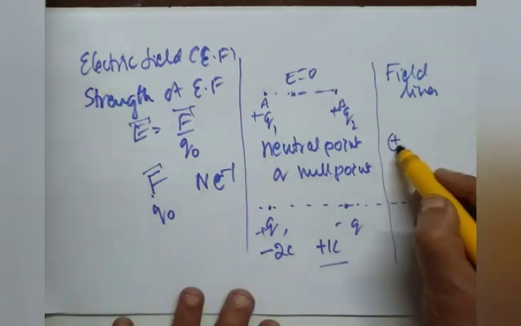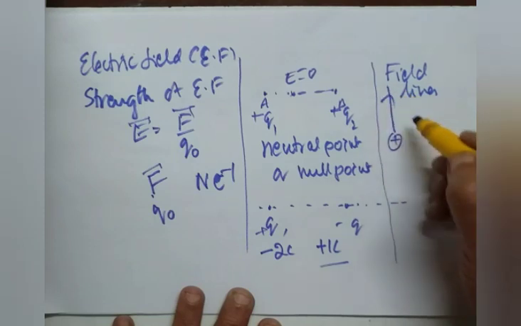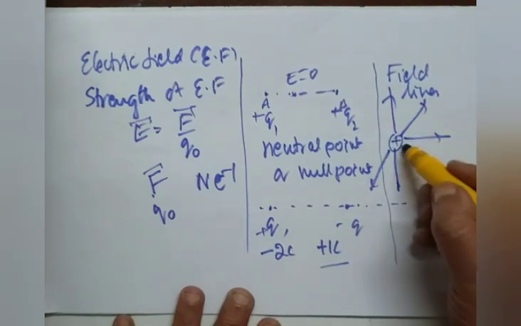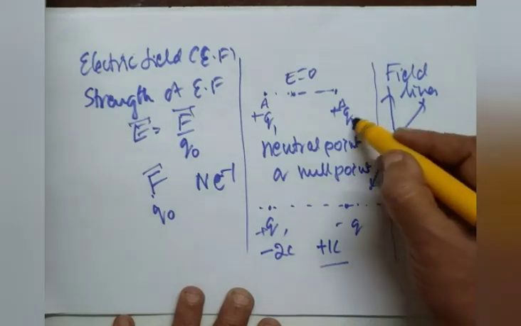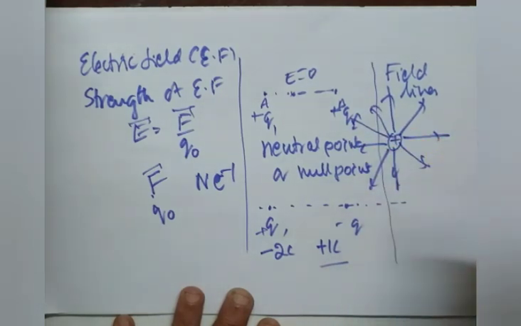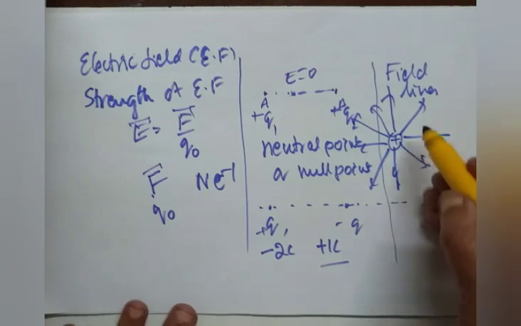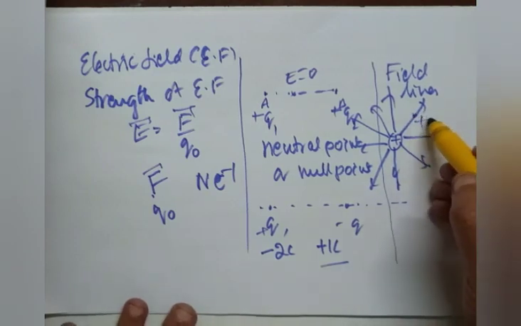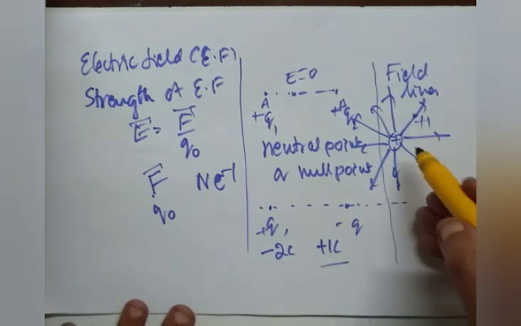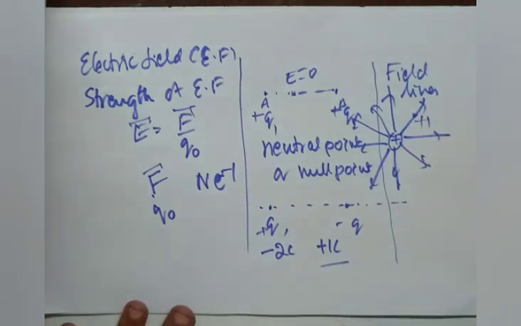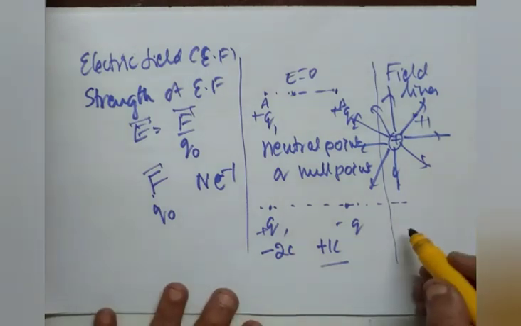For a positive charge, the field lines surrounding it are going away, that is diverging, because wherever you keep a unit positive charge, it gets repelled and starts moving on this line radially outwards. That is why for a positive charge, field lines diverge from that point.